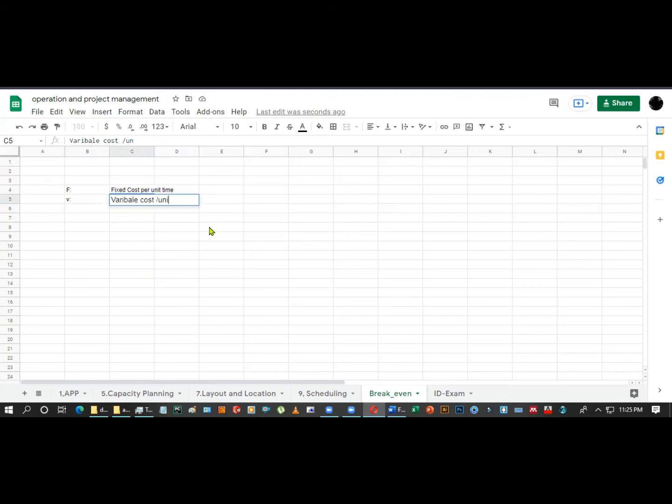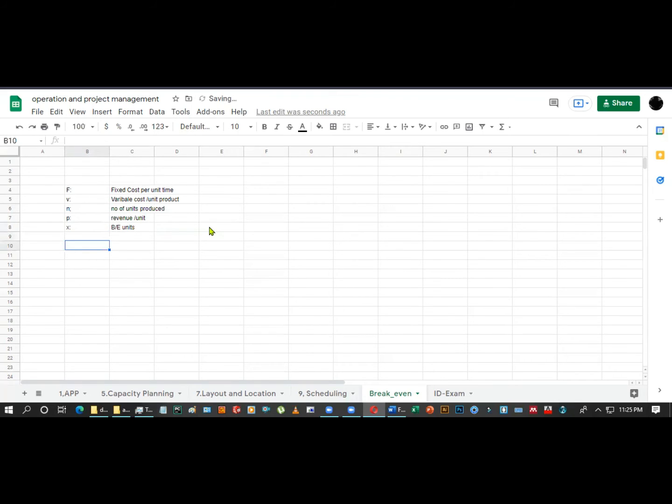So variable cost per unit product, and we need to have the number of units produced, and we need to have the revenue per unit, and X indicates the break-even unit.